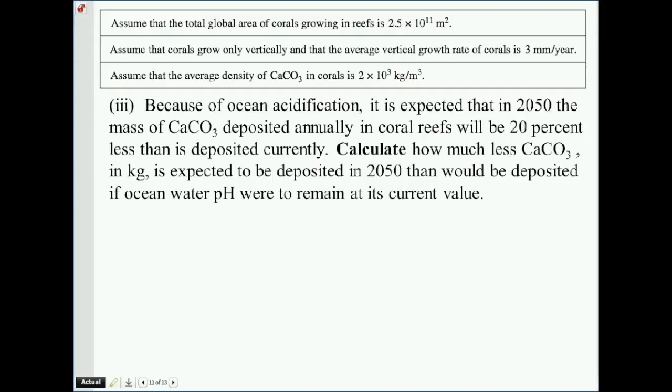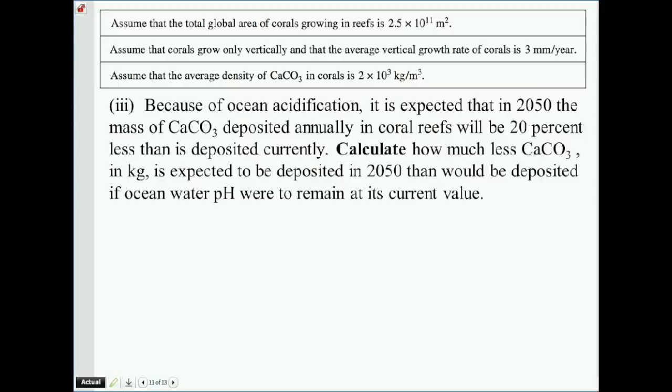And now we have our third math step. It says, because of ocean acidification, it's expected that in 2050, the mass of CaCO3 deposited annually in coral reefs will be 20% less than it is now. Calculate how much less is expected in 2050 than would be now if the pH is going to remain the same. So basically, we take that number we just got in the last answer.